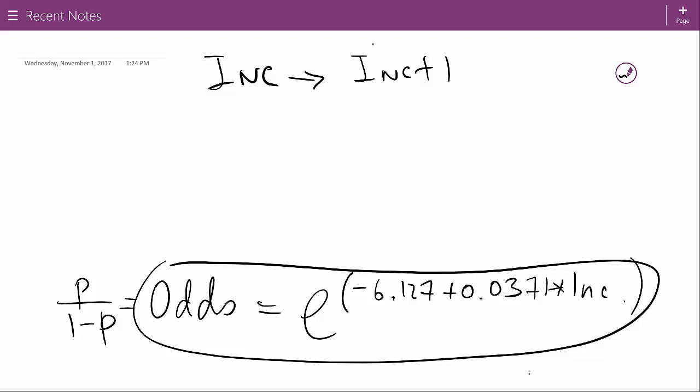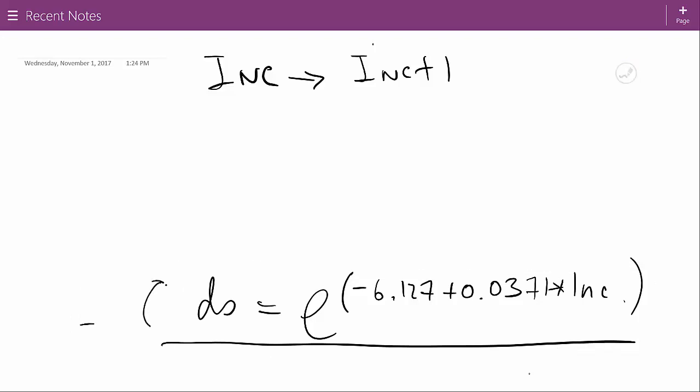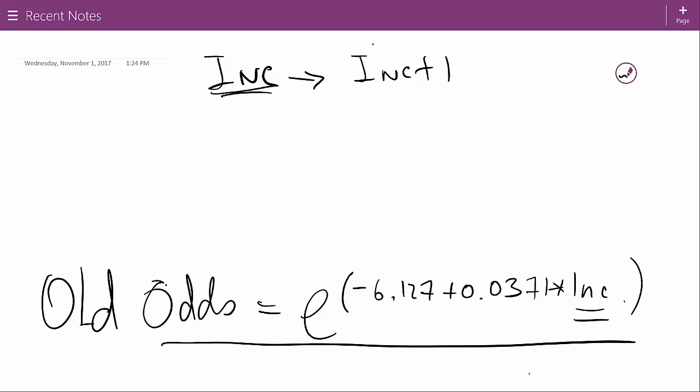Let's discuss that. According to this expression, I can compute my new odds. Let me call this my old odds, with my income as it was before the raise. Now I got a raise, so income I have to replace by income plus 1, agree? So let me compute new odds.